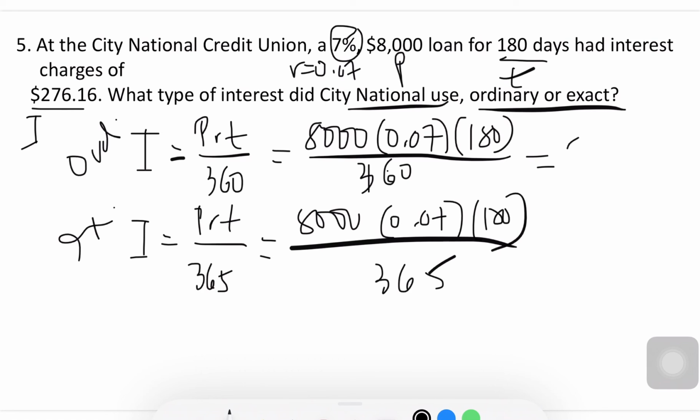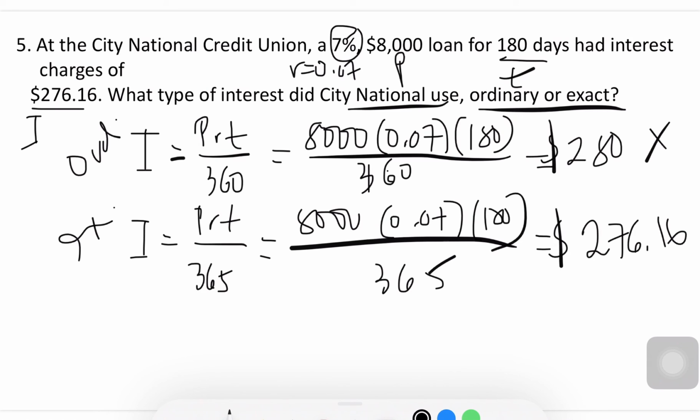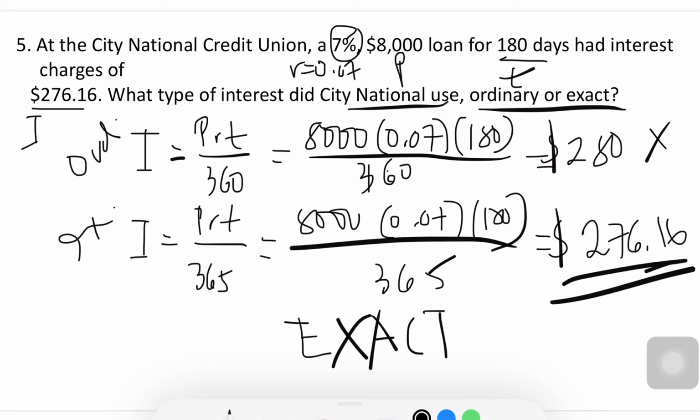So the ordinary gives 280. Obviously it's not the ordinary. Now let's check exact, if we can get 276. So this is $276.16. So the City National Credit Union uses the exact method. Okay, and now you do your activity.